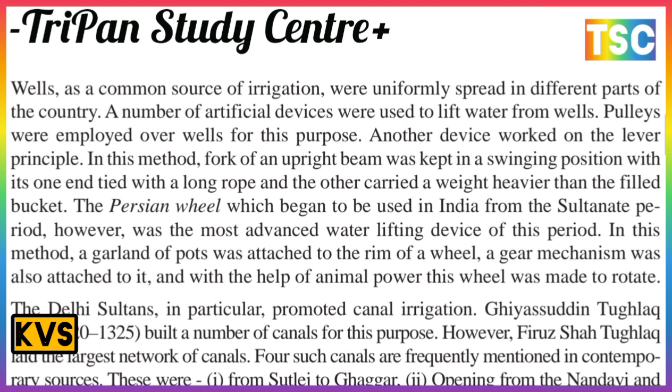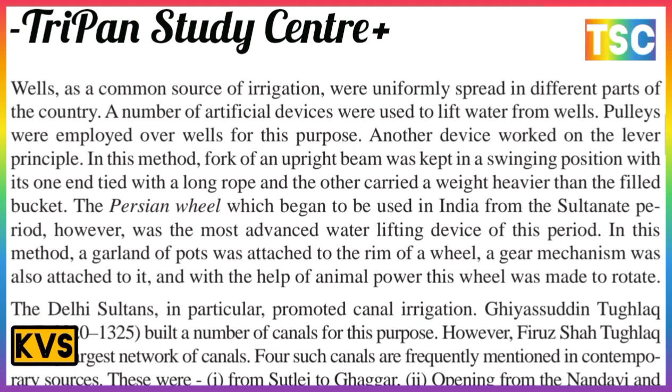Wells were a common source of irrigation, uniformly spread in different parts of the country. A number of artificial devices were used to lift water from wells. Pulleys were employed over the well for this purpose, and another device worked on the lever principle.